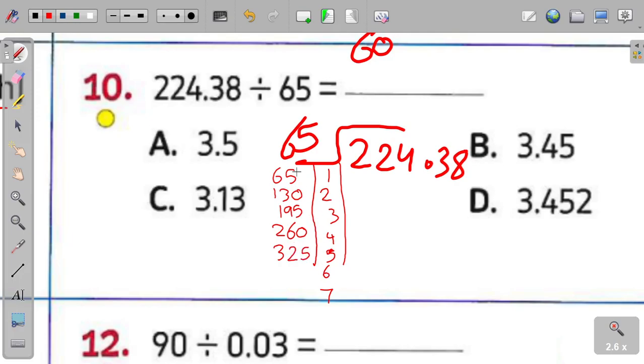And 6 times 65 equals 390. So next I have 7 times 65 equals 455, and 8 times 65 equals 520.